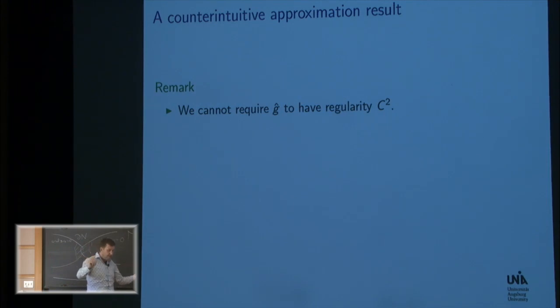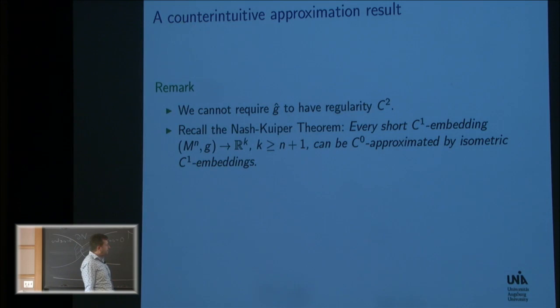When it's bounded below by 1 on an open dense subset, it must be bounded below by 1 everywhere, and this would contradict the fact that there are many manifolds without positively curved metrics. So we don't have a direct connection to the Nash-Kuiper theorem, but it is, in a way, of a different flavor, so to speak.